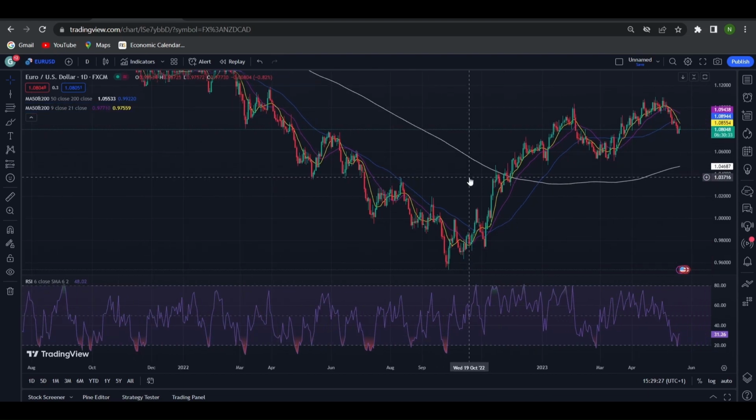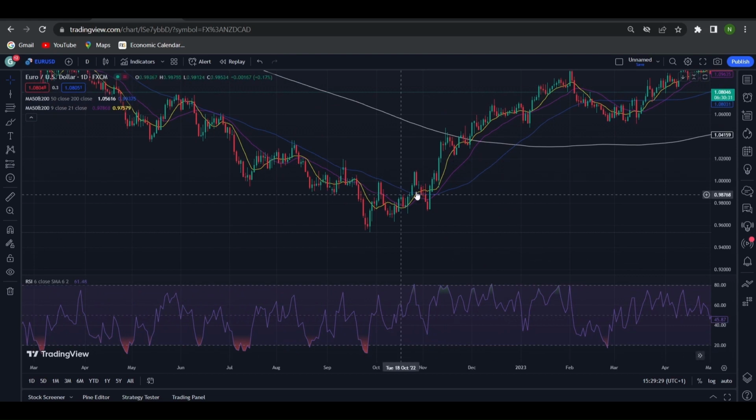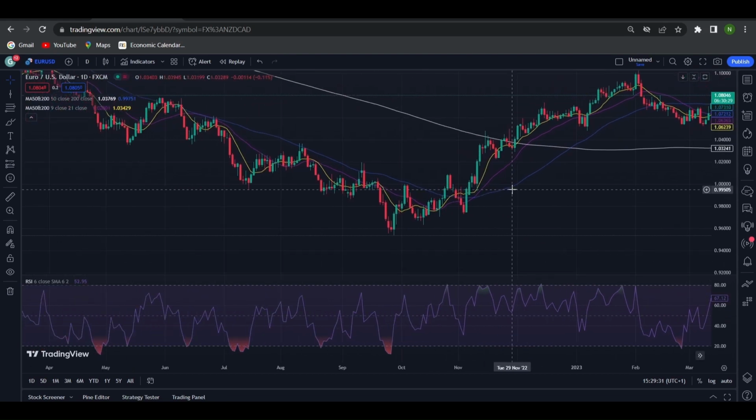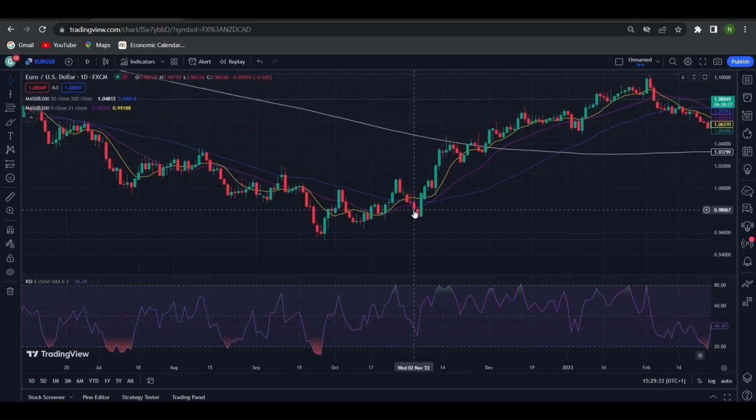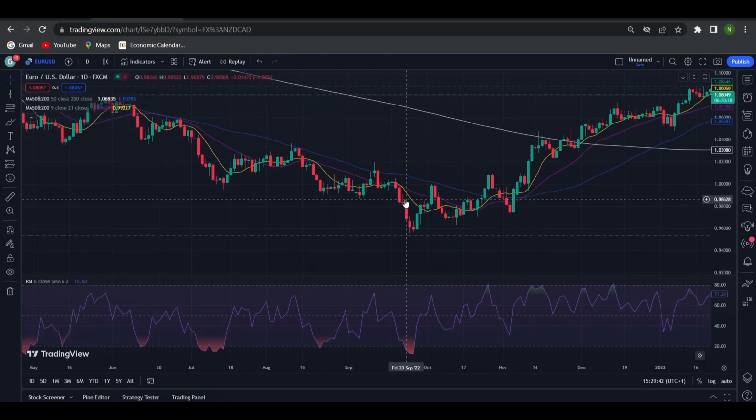So to elaborate, we are going to be looking at and comparing the 2 averages on the daily and the 2 averages on the hourly, and if the direction of both match, it means that we might be looking at a potential trade. So let's say the daily. The colors for the daily: the 21 is the purple and the 9 is the yellow.